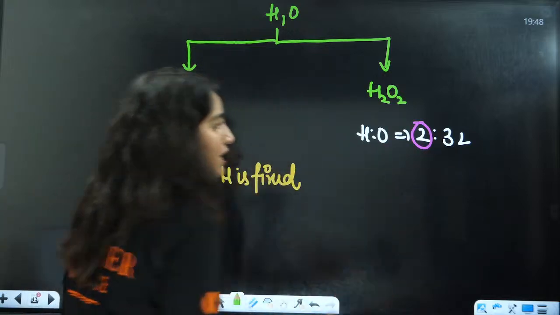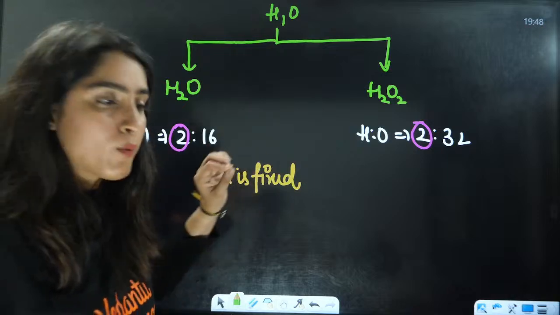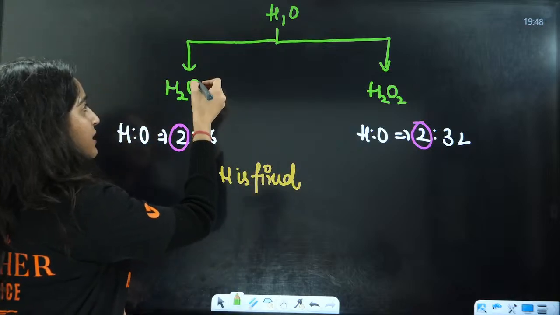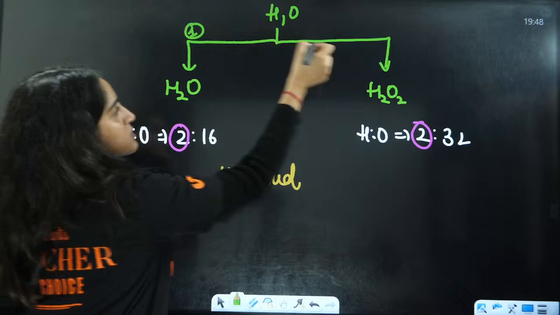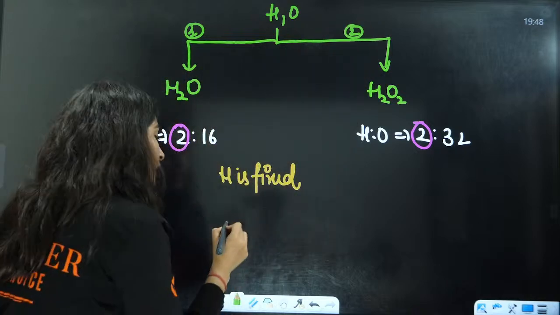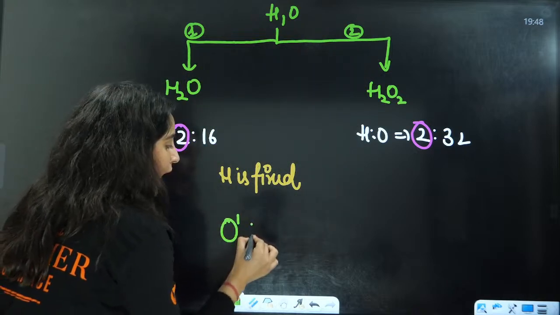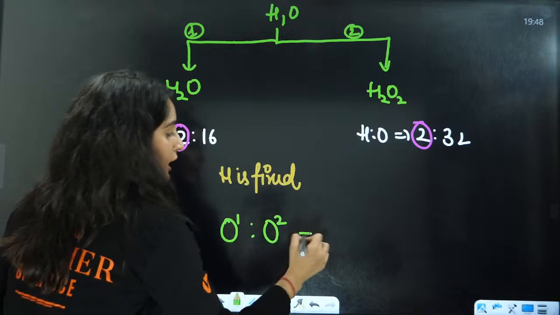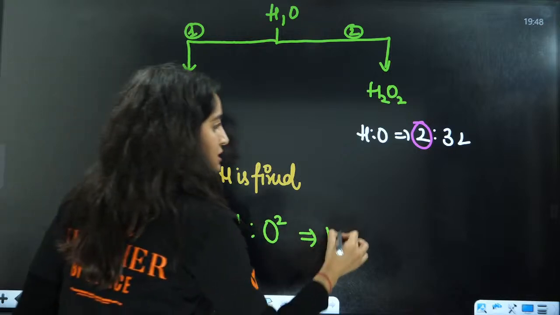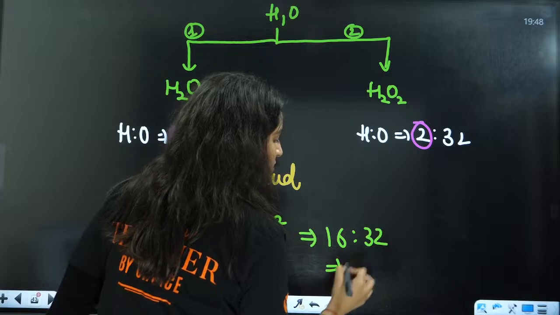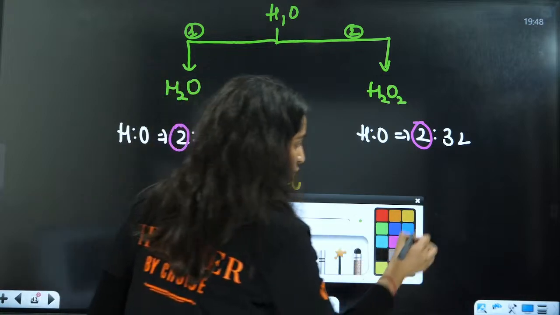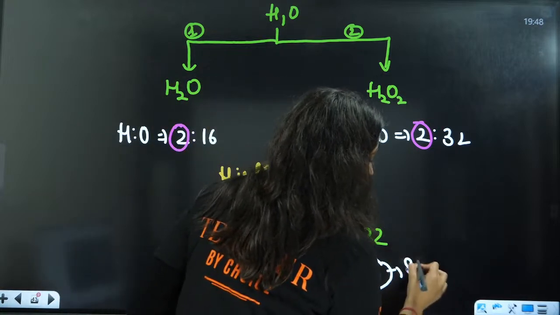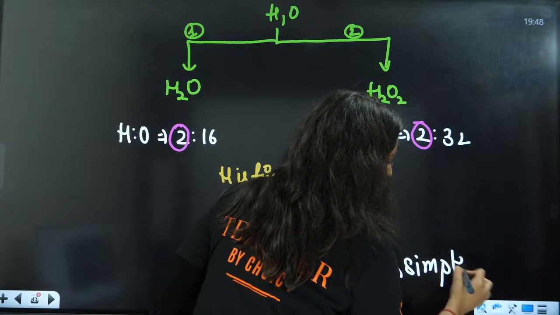In that case, for example, this is the first compound, this is the second compound. The ratio of oxygen number 1 and the ratio of oxygen number 2 equals 16:32. That is a simple whole number ratio.